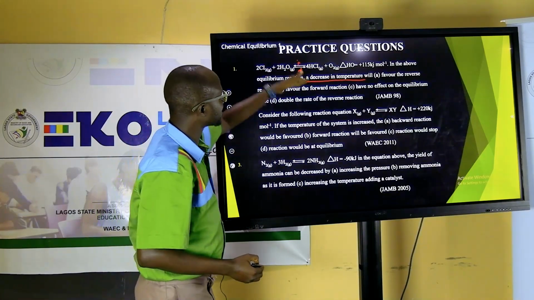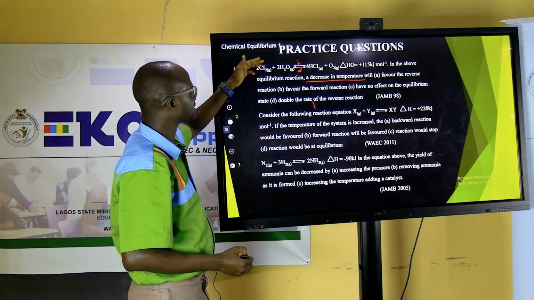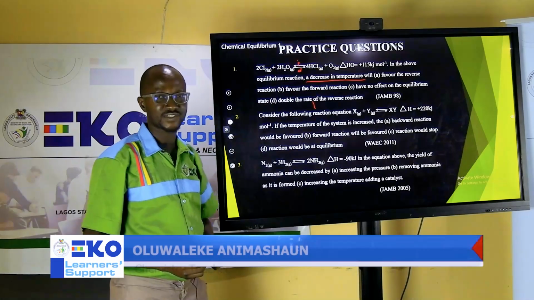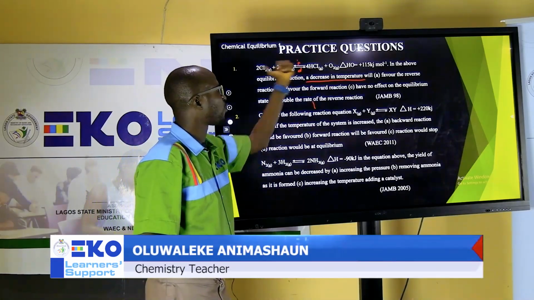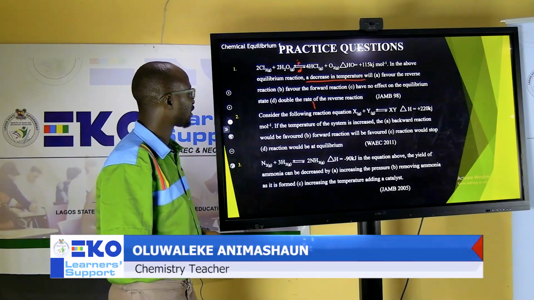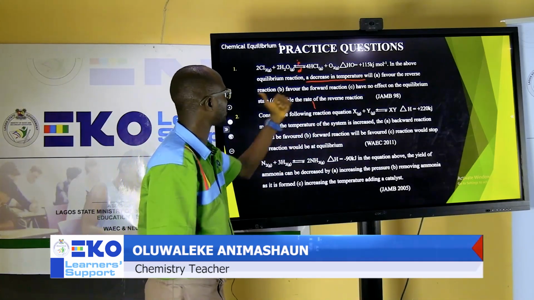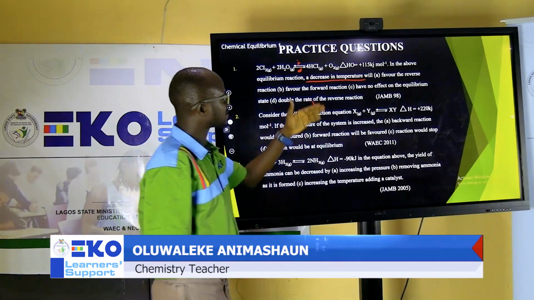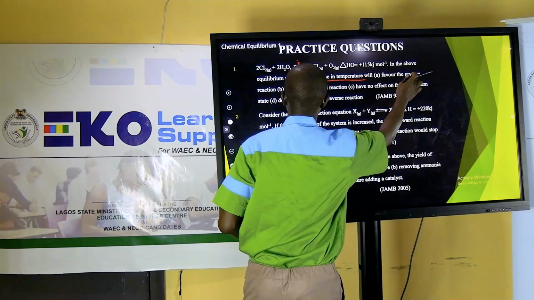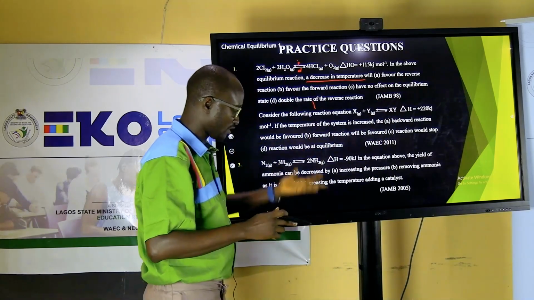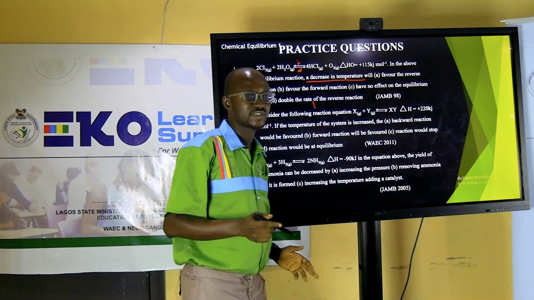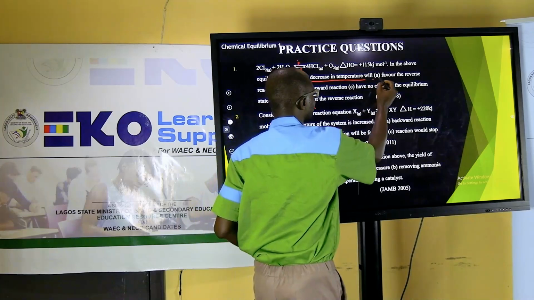So a decrease in temperature will automatically affect the one that involves increase, which is the backward reaction. So the backward reaction is favored. As you can see, it is reverse reaction that they wrote here. Backward reaction is favored and reverse reaction is favored mean the same thing. So our answer is A.